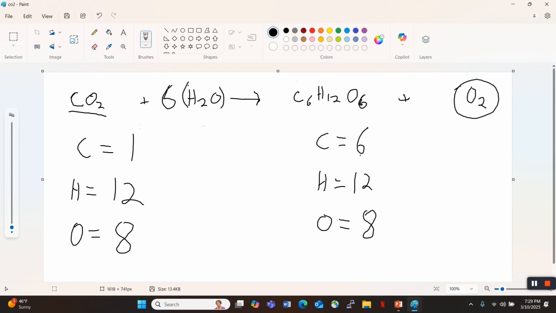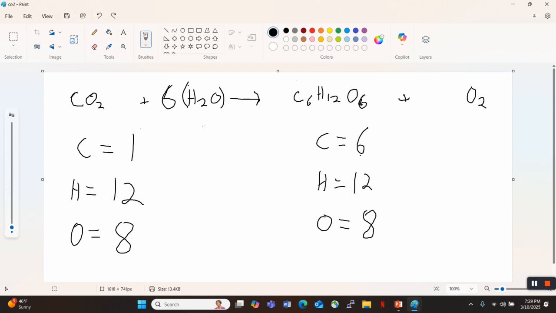So the reason why this is nice is because we can multiply CO2 to give us our carbon balance, and then we can multiply our diatomic oxygen by whatever coefficient we need to compensate for the subsequent deficiency in oxygen atoms.